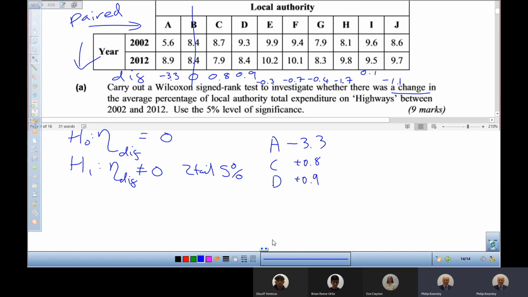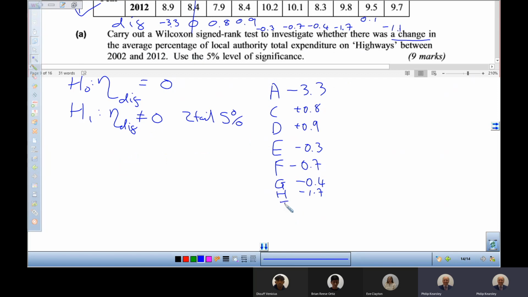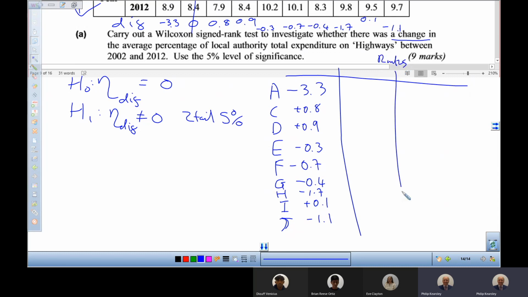It may be worth jotting down a new table, because then we've got room for the ranks. And we're going to put the ranks in 2 columns. Depending what the difference was, whether it was positive or negative, we're going to put the rank in the respective column.